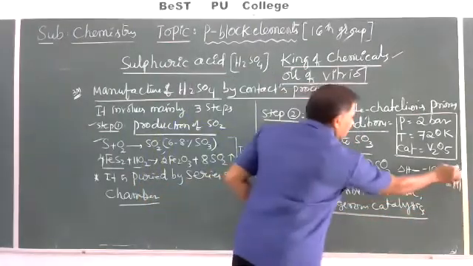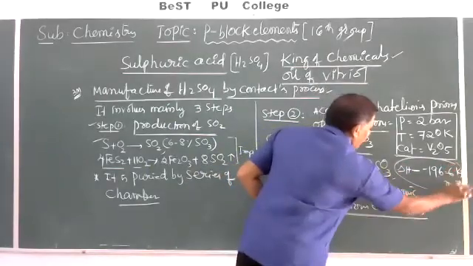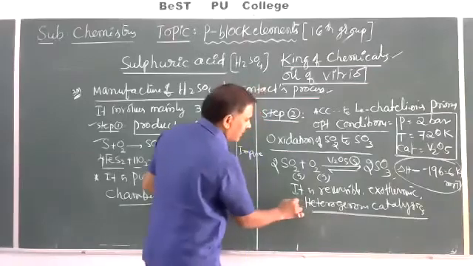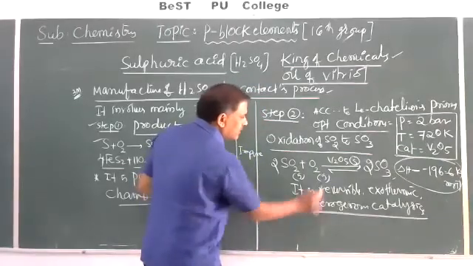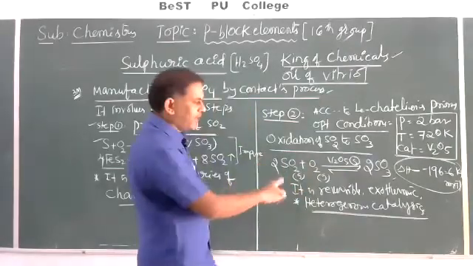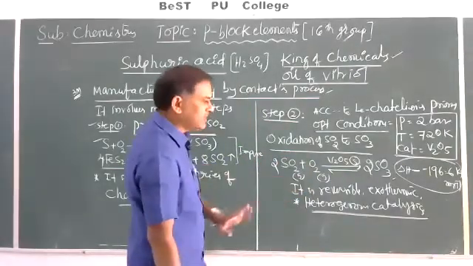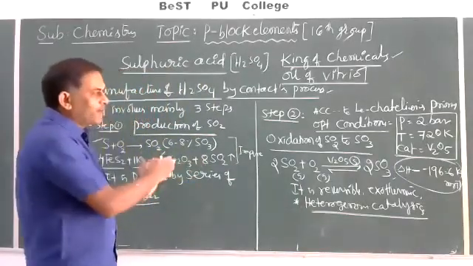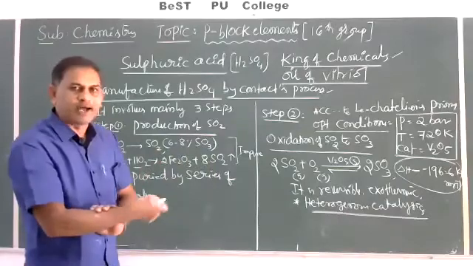A large amount of heat is liberated. It is exothermic and reversible, and it is heterogeneous catalysis because the catalyst and reactants are in a different phase, not in the same phase. That is what heterogeneous catalysis is. So in the second step, sulfur dioxide is converted into sulfur trioxide.